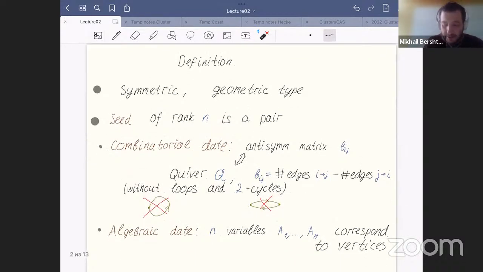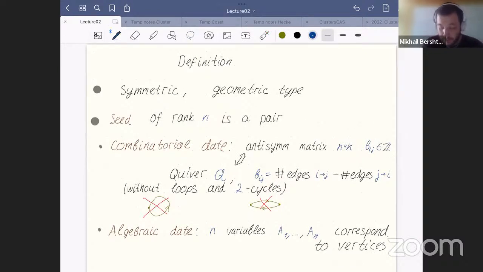And the combinatorial data is an antisymmetric matrix B_ij, of the size n times n, where n is some number which I fix from the very beginning. We have defined a cluster algebra of rank n, and in particular it means this matrix is antisymmetric and integer.